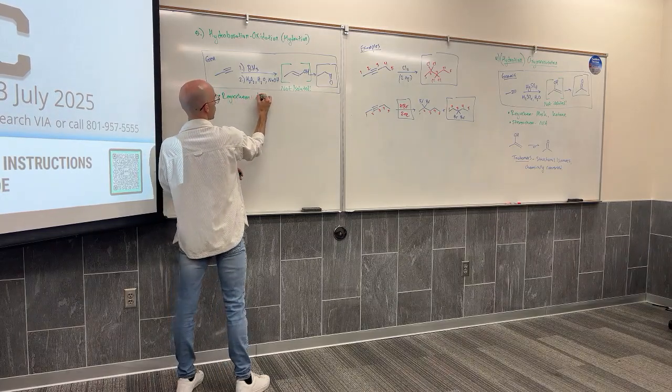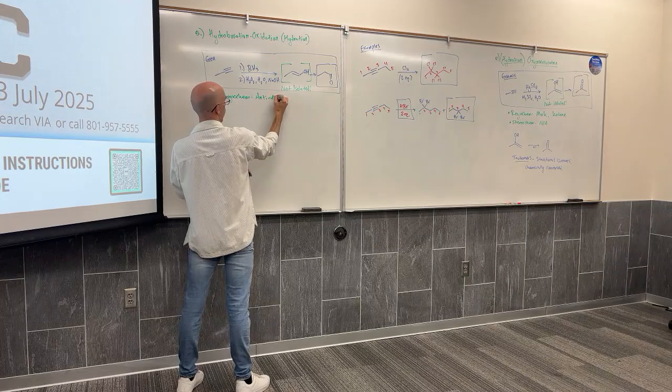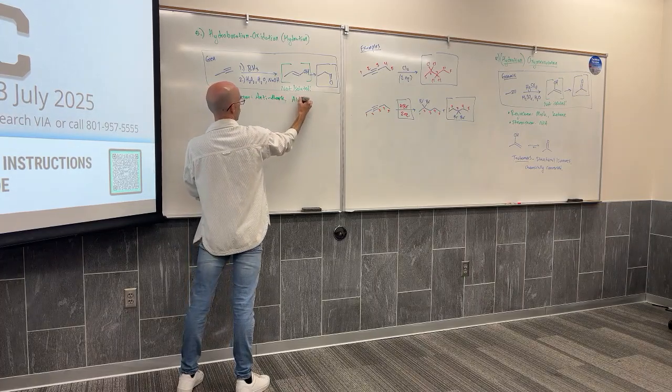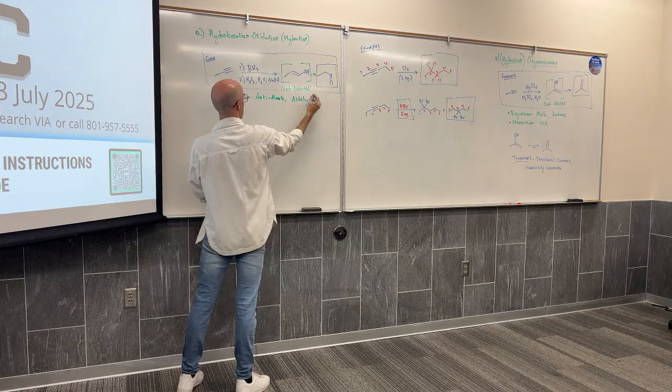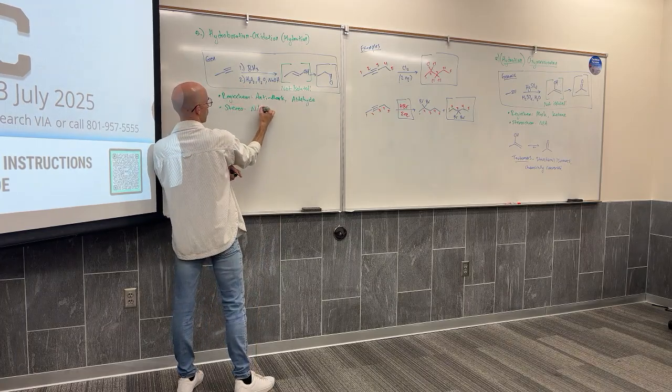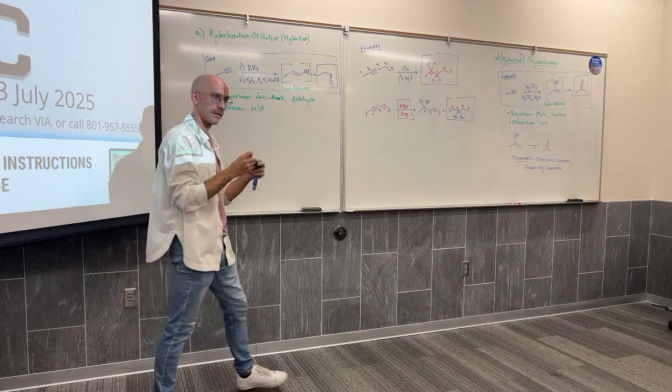So the regiochemistry is anti-Markovnikov, and the functional group that we get here is an aldehyde. Stereochemistry, once again, not relevant.